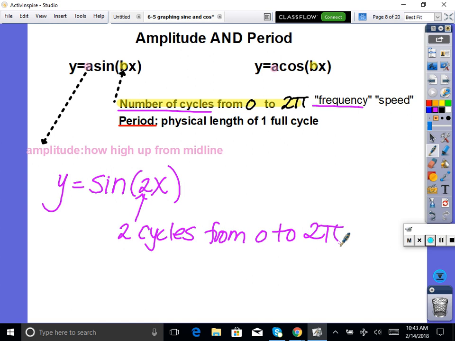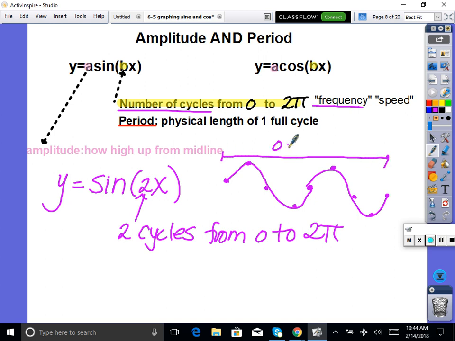So now think about what that means. Sine's one cycle is 0, max, 0, min, 0. Correct? Now there's 1. Now 0, max, 0, min, 0. There's the second one, and that is over 0 to 2 pi.